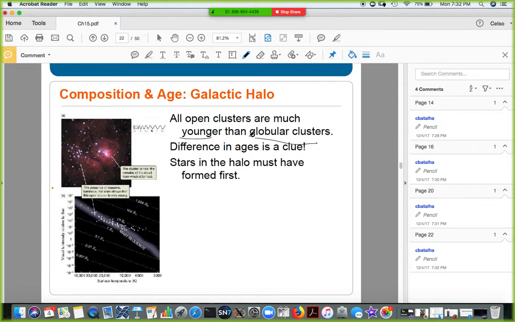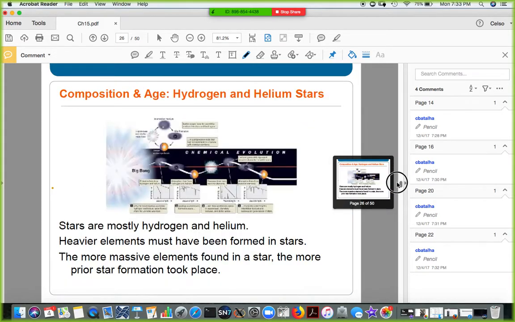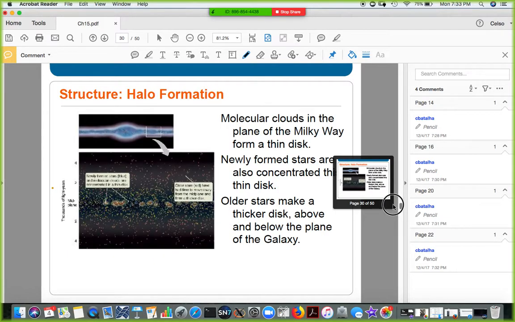Whereas globular clusters, since they have many more stars, once they are formed, they stick together. They don't disperse, which means when you observe stars in these clusters, they are relatively old. Globular clusters are not being formed anymore. They were formed when the galaxy itself was formed in the very beginning of our universe.